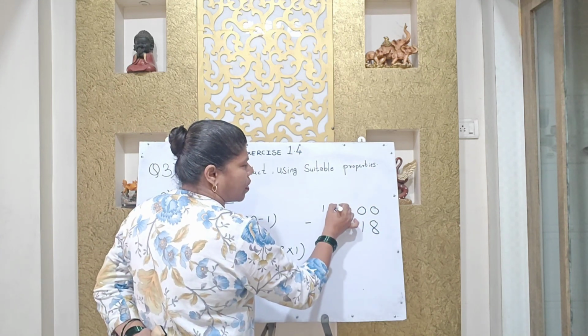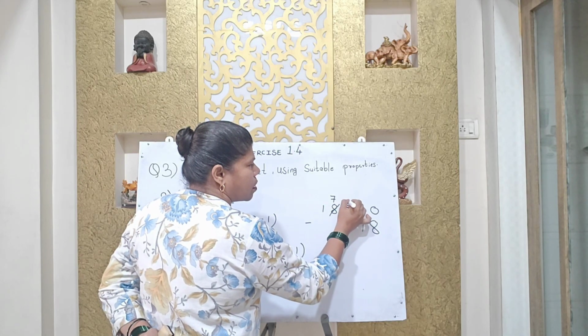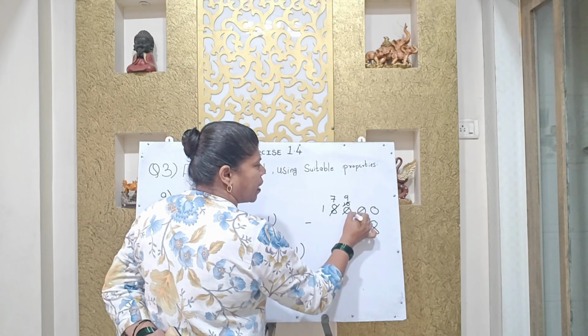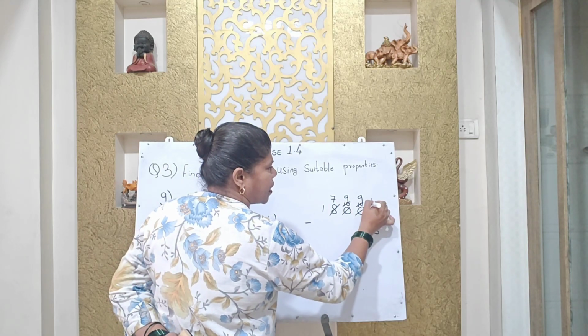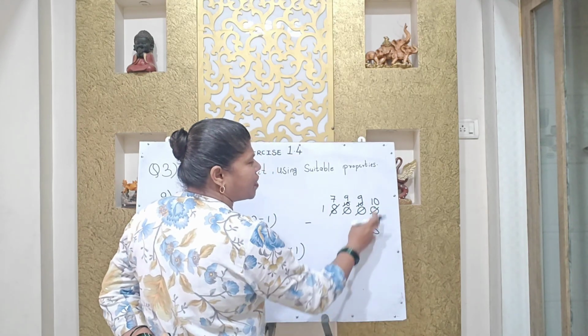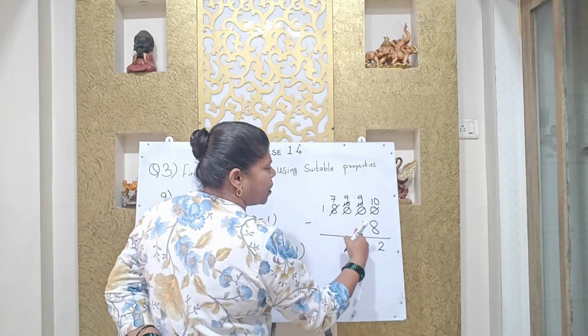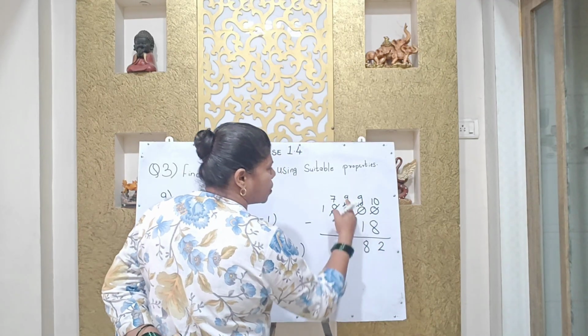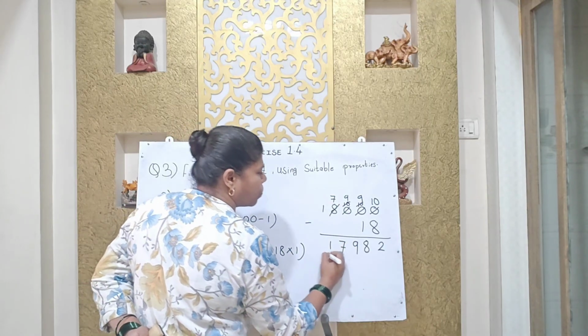So we have to carry. Cut 7, 10, cut 9, cut 10. So deduct 8 from the 10. We will get 2. 9 minus 1, 8. 9, 7 and 1.